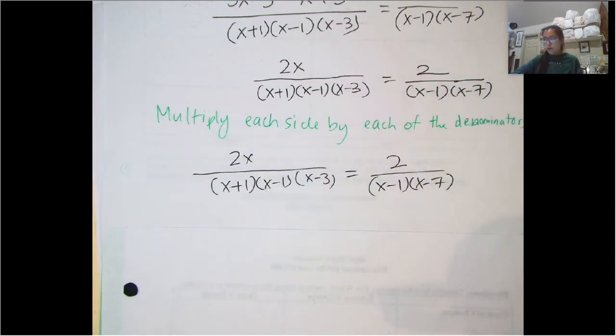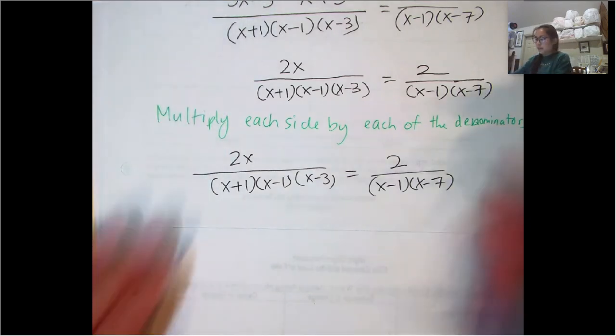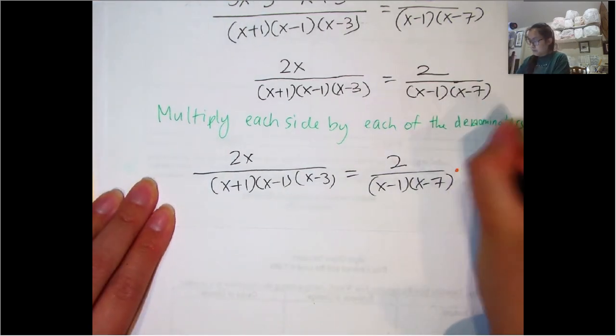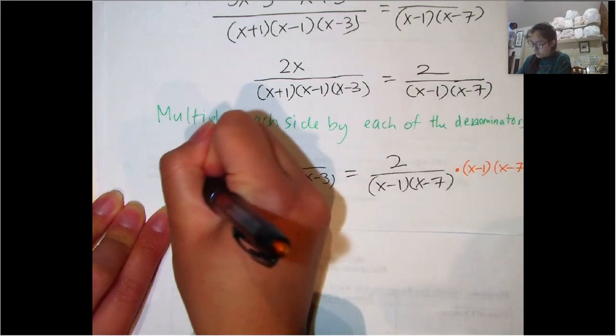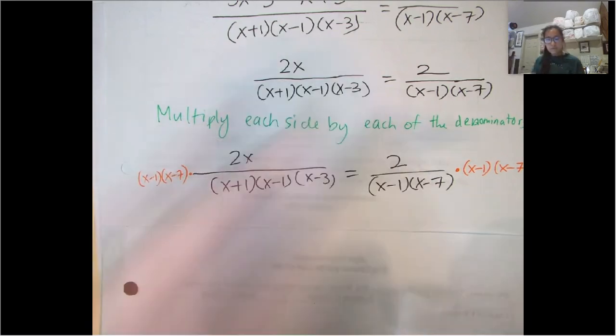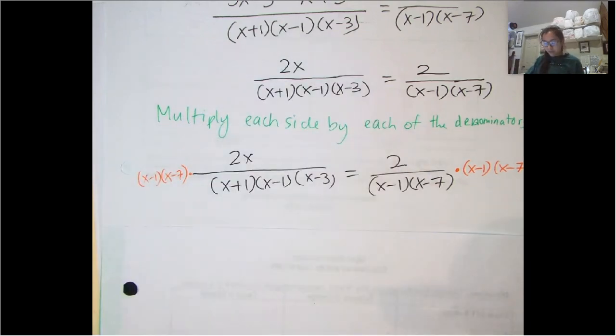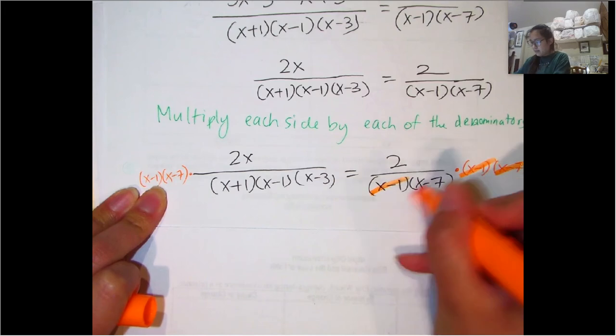So we're going to start by multiplying both sides by x minus 1 times x minus 7. Okay, and so you'll notice on the right side there, the purpose of us multiplying by that is because it'll get rid of the denominator, basically.